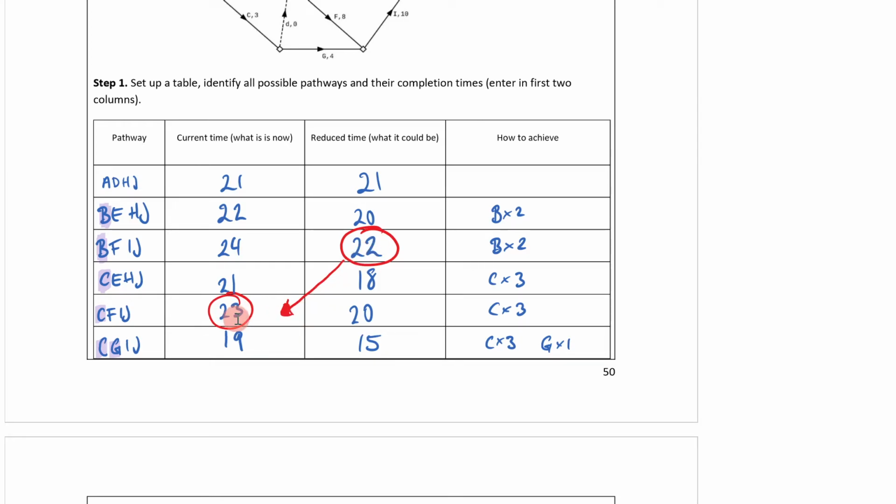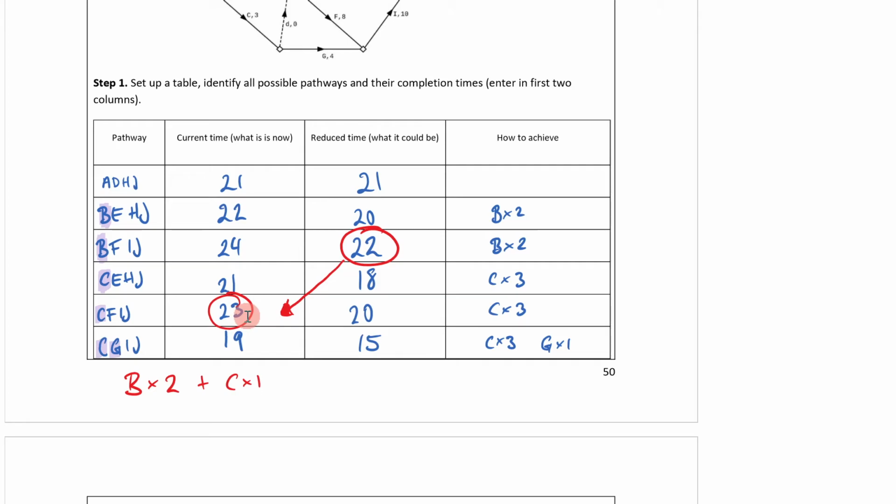So how can I get another reduction so I can reduce it a bit more? Well, what we should do here is say, all right, B times 2, but now let's add onto that C times 1. Because if I do that, then I'm going to end up with a time of 22, because this 23 will be knocked down by C times 1 to 22, and that's going to have a good effect on it.